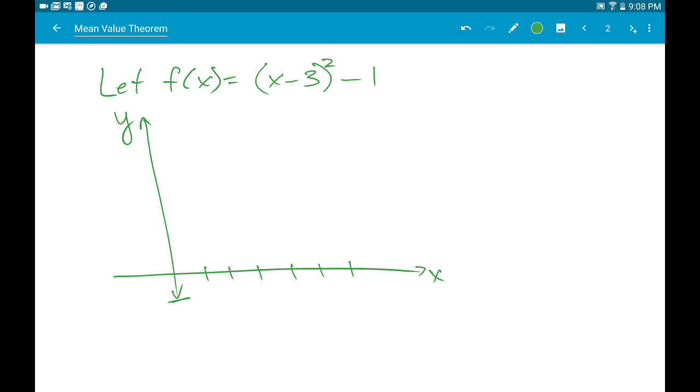We'll go down 1, 2, 3, 4, yep, 5. And so our vertex for this is going to be at positive 3, negative 1. And the parabola is going to go up here a little bit, and then maybe up a little higher.